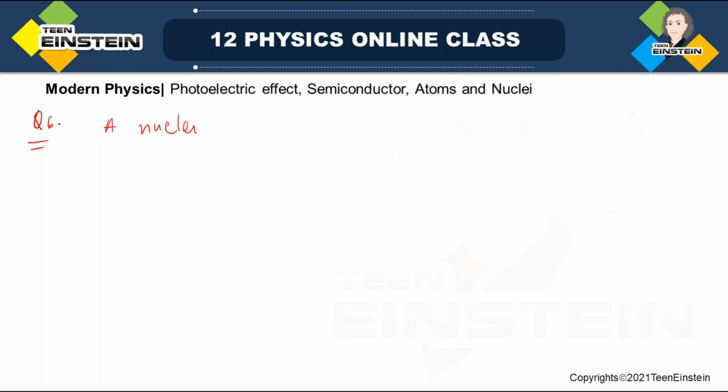A nucleus with mass number 220, initially at rest, emits an alpha particle.